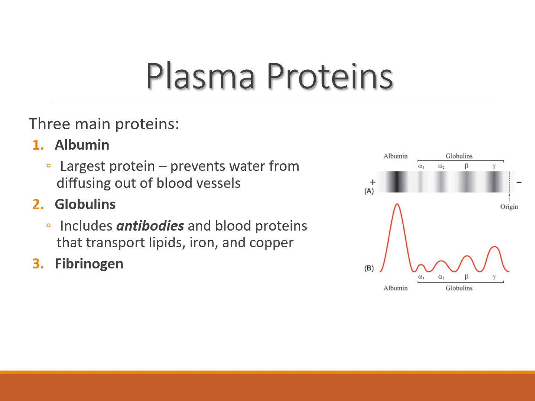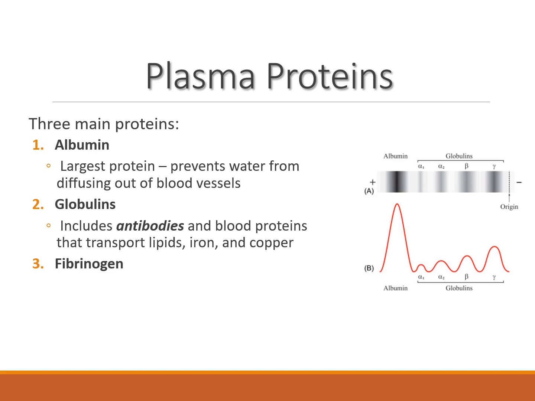The second type of protein is globulins. So there's multiple types of globulins, but I just want you to think of them all together. But when we think about globulins, think about antibodies. So a lot of them are antibodies, and some of them also transport stuff.